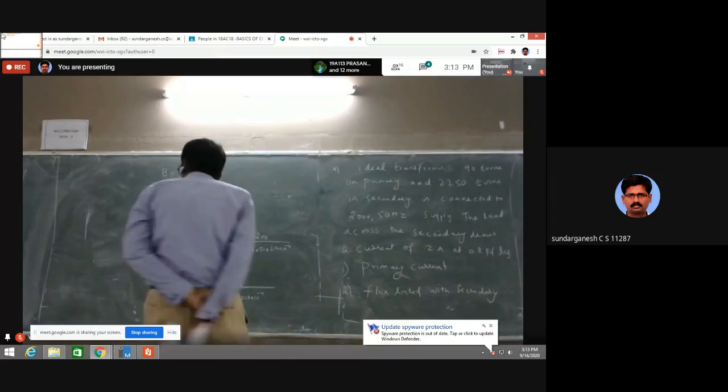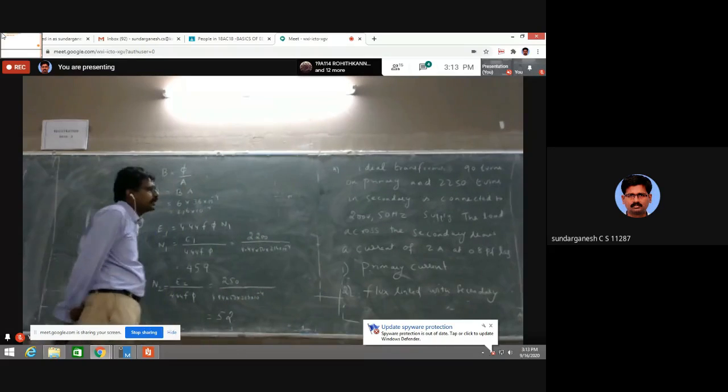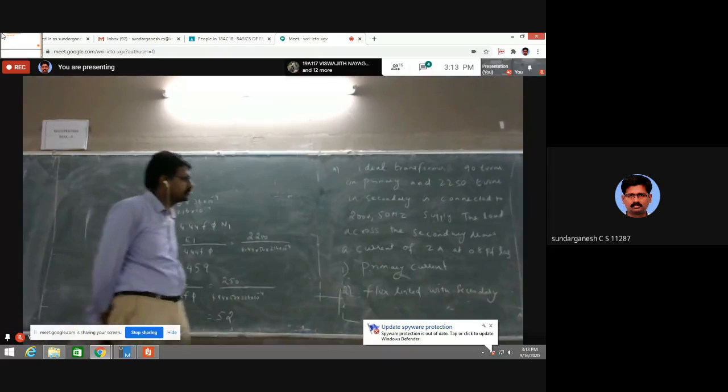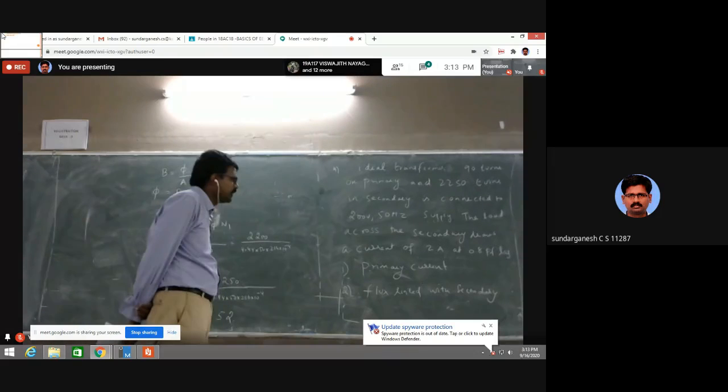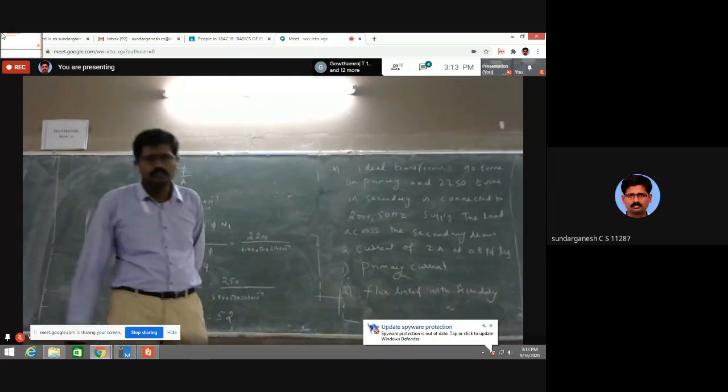The load draws 2 amps at 0.8 power factor lagging. You have to find the primary current, the secondary voltage, and the flux.